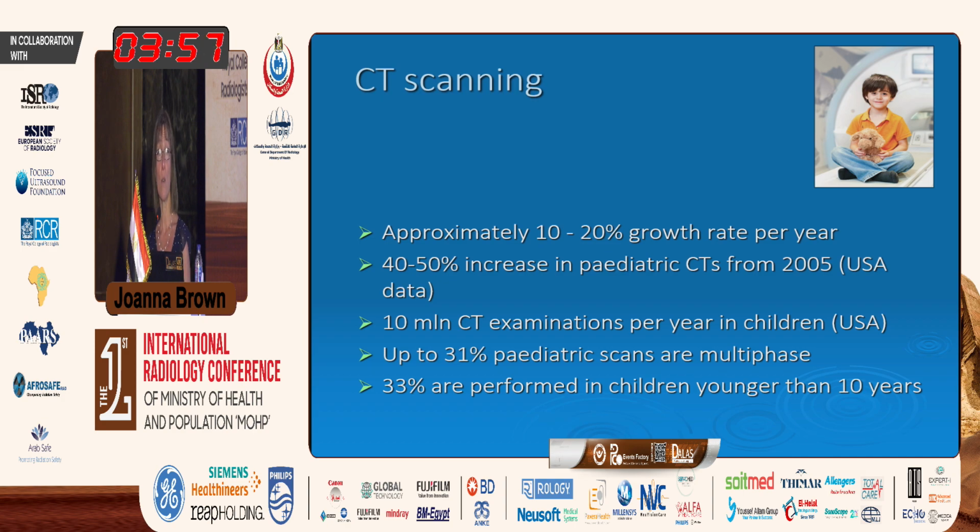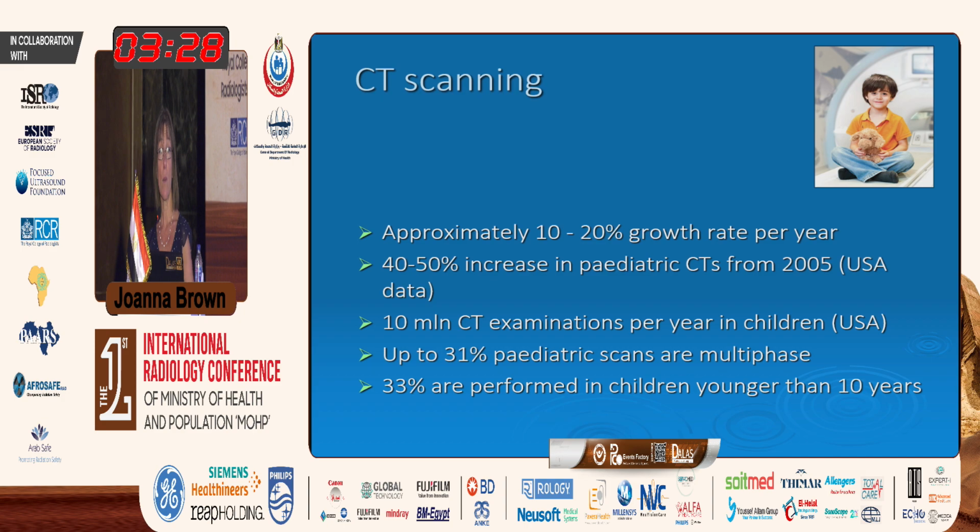Because we all know that the number of examinations we perform in children is increasing approximately 10 to 20% per year, and this is only about CT scanning. This is data from the US because they produce the most accurate data. But we know that we are doing more than 10 million CT examinations per year, and about 30% of pediatric scans are multi-phase.